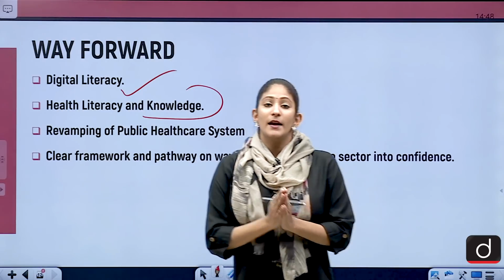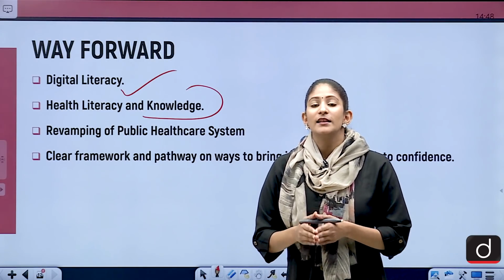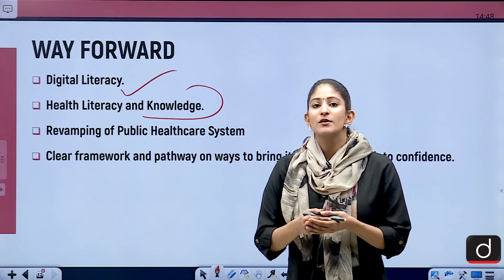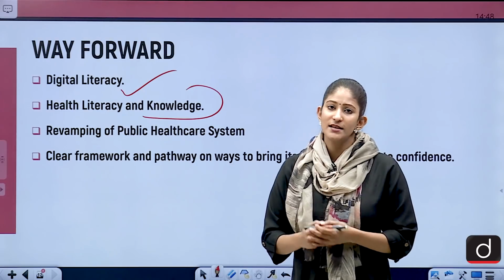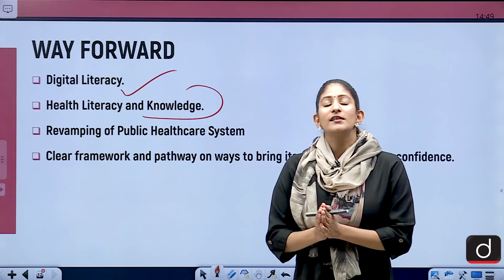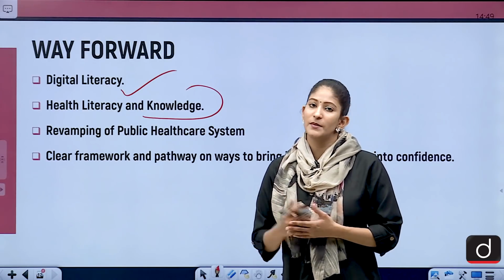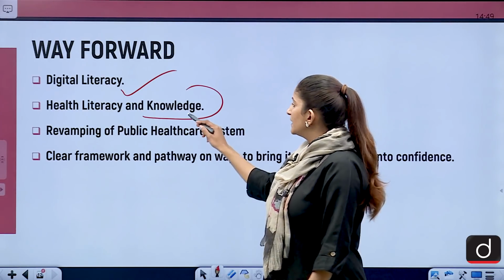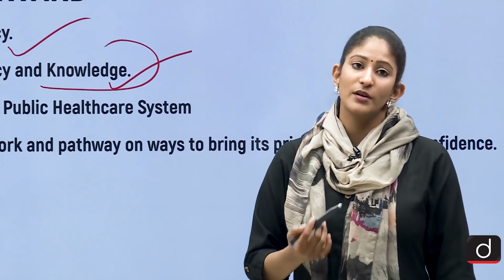According to the National Sample Survey, it was seen that most of the ailments go undiagnosed because of lack of health literacy as well as knowledge. So until that is increased, we can't gain benefits through this particular mission. That needs to increase so that self-reporting is more robust and more efficient.